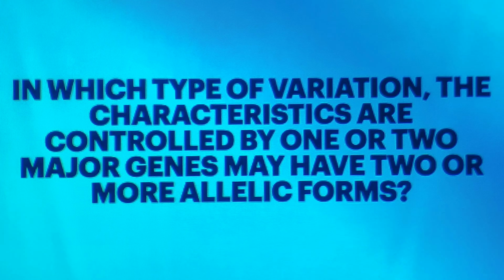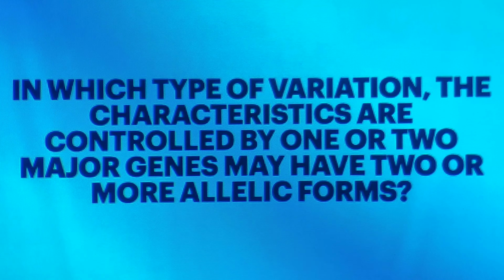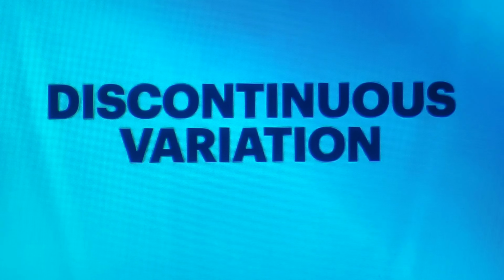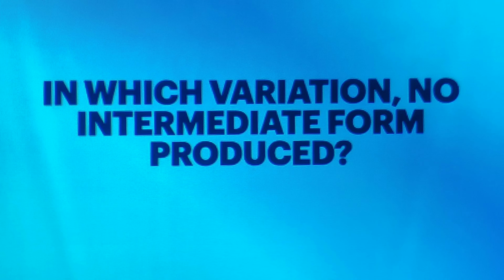In which type of variation the characteristics are controlled by one or two major genes that may have two or more allelic forms? Discontinuous variation. In which variation is no intermediate form produced? Discontinuous variation.